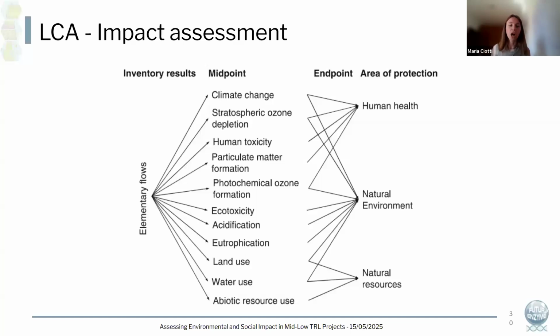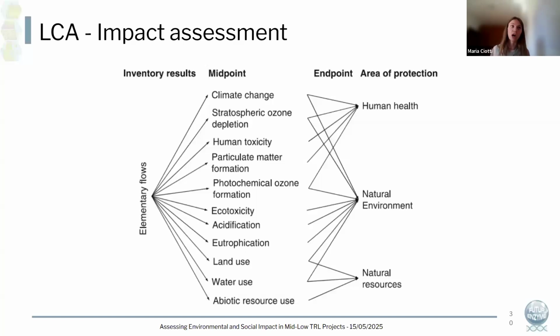So in this way, we know how our elementary flow can contribute to the specific environmental impact category. We have many impact categories. They can vary depending on the method we decide to use, and also on the goal, so depending on what we are interested in to know. And of course, each elementary flow can contribute to more than one impact category.